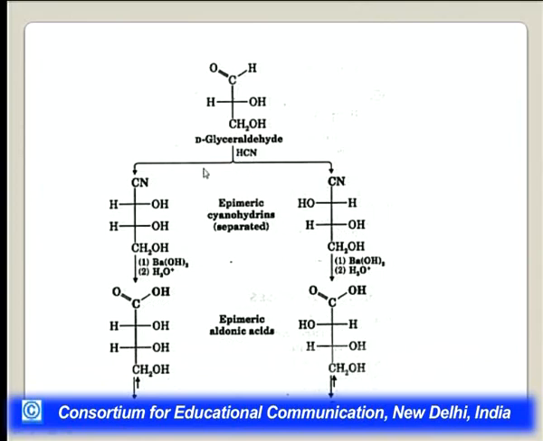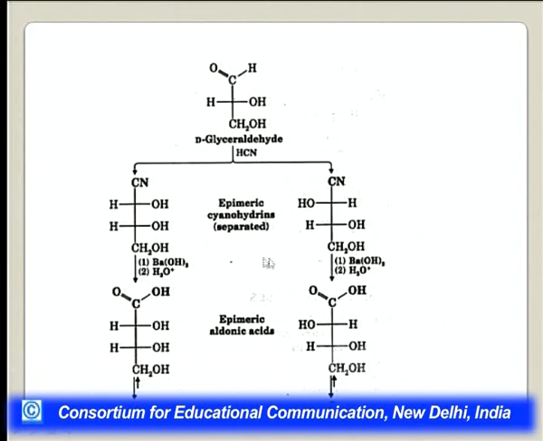This is hydrogen cyanide. When it reacts with this glyceraldehyde, we have 2 stereocenters. One possibility is this, that the hydroxyl groups are on the same side, and another possibility is that the hydroxyl groups are on opposite sides. So we can say these are the epimeric cyanohydrins.